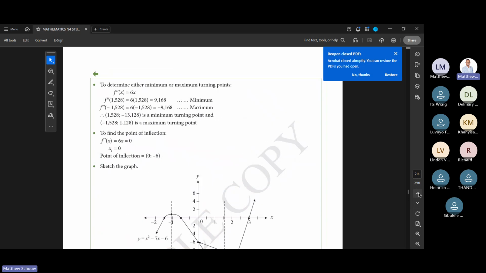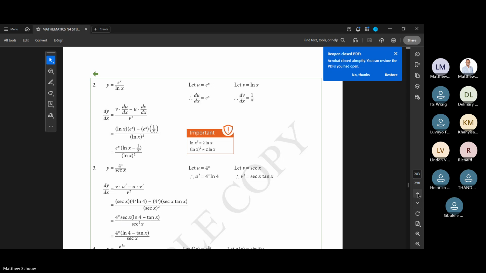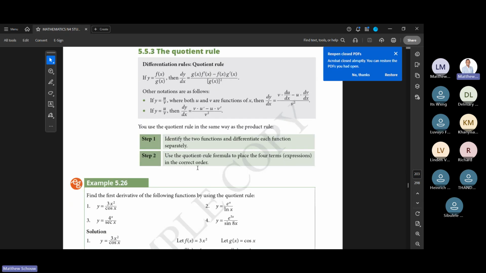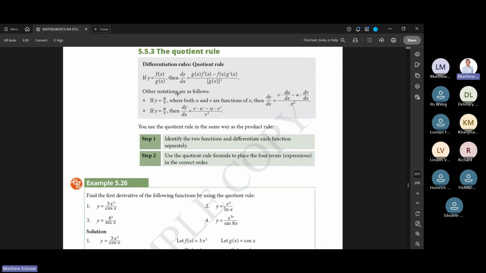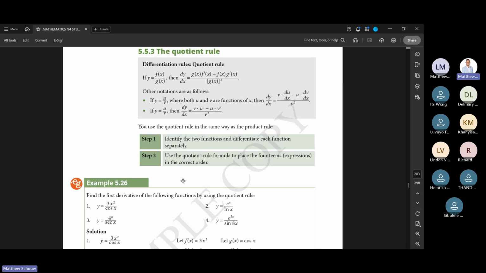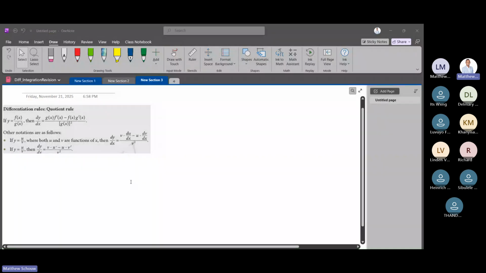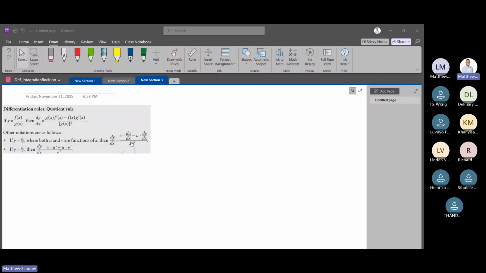Let me do one. I just want to get the rule for you so it's always next to you. I'm pressing on OneNote quickly. What I'm actually going to do is take one from one of the papers you're working with now. Just give me a second. Can you guys see the quotient rule there now? Yes, sir. Okay, sure. Let me do one of these papers here.